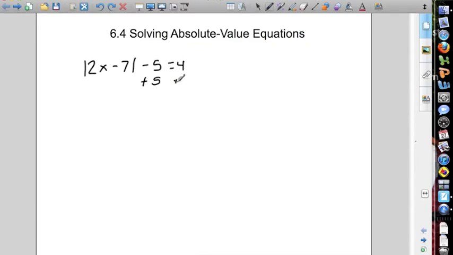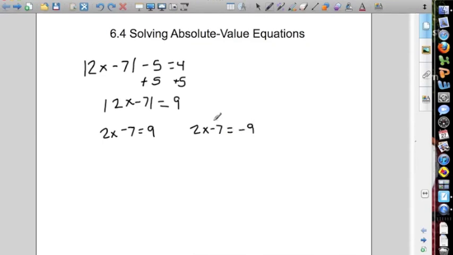So I want to go ahead and add 5 to both sides because I want to get that absolute value of 2x minus 7 all by itself. As I look at that, I have the absolute value of 2x minus 7 is equal to 9. Now, remember that absolute value. It would work if the 2x minus 7 came out to equal 9, and it would also work if the 2x minus 7 came out to equal negative 9.